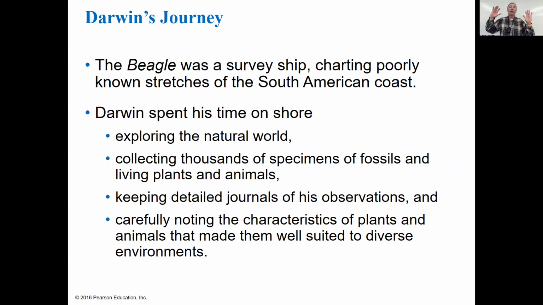So he was awestruck by going into the Amazon rainforest and seeing how many different types of organisms there are. I mean, the diversity of life was just really something, because he knew probably several hundred, maybe a couple thousand different species of organisms back in England, but this was orders of magnitude more. And so that's when he started getting the idea of where did all this stuff come from.